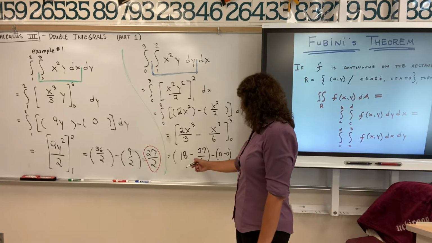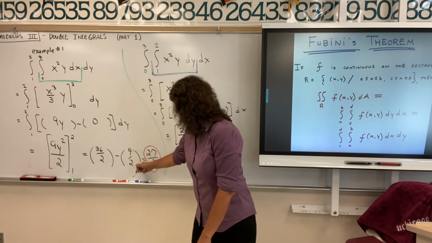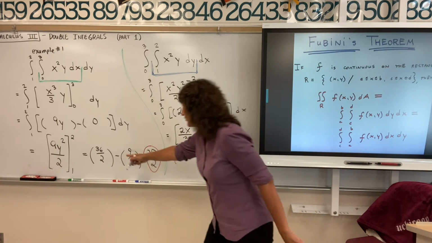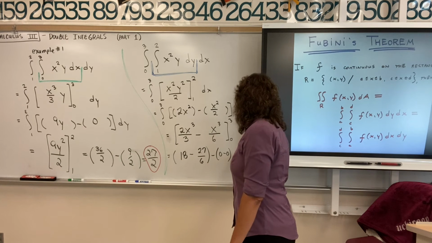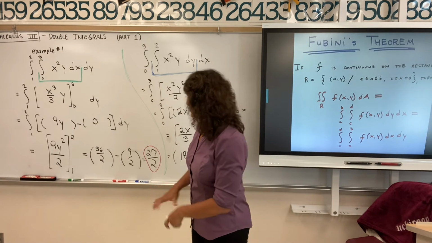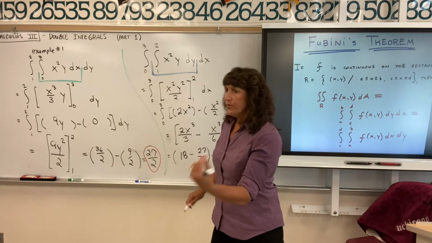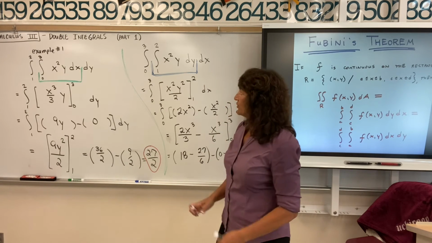And when you take 18 and subtract 27 over 6, 27 over 6 reduces to 9 halves. When you take 18, which is 36 over 2, and subtract 9 halves, you're going to get 27 halves for your answer, okay? And it works out either way, whether you integrate with respect to x, then y, or with respect to y first, then x.